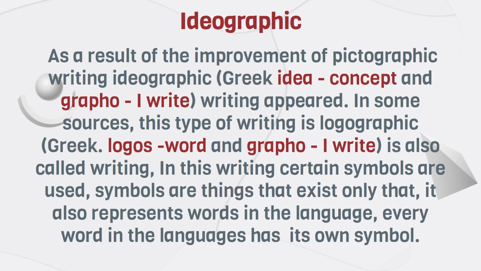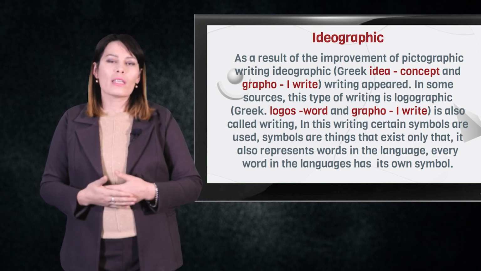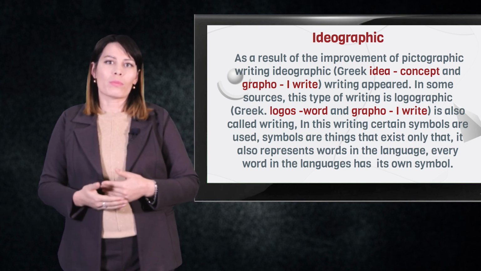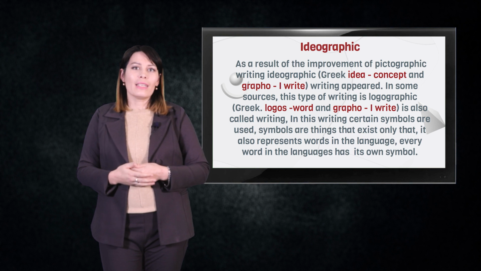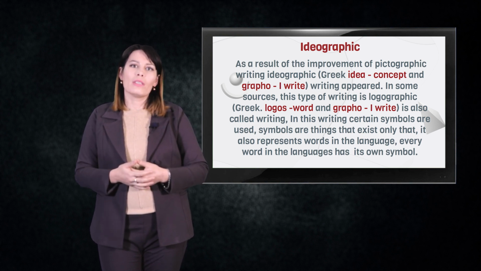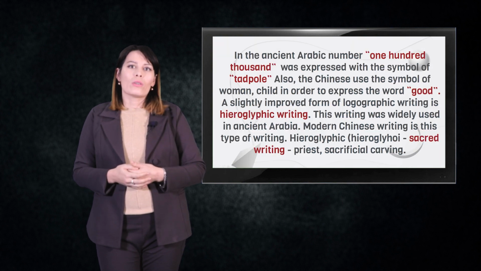As a result of the improvement of Pictographic, step by step, another type of script was created, which is named Ideographic. Sometimes people call this a logographic script. Ideo means a concept, and graph means writing.